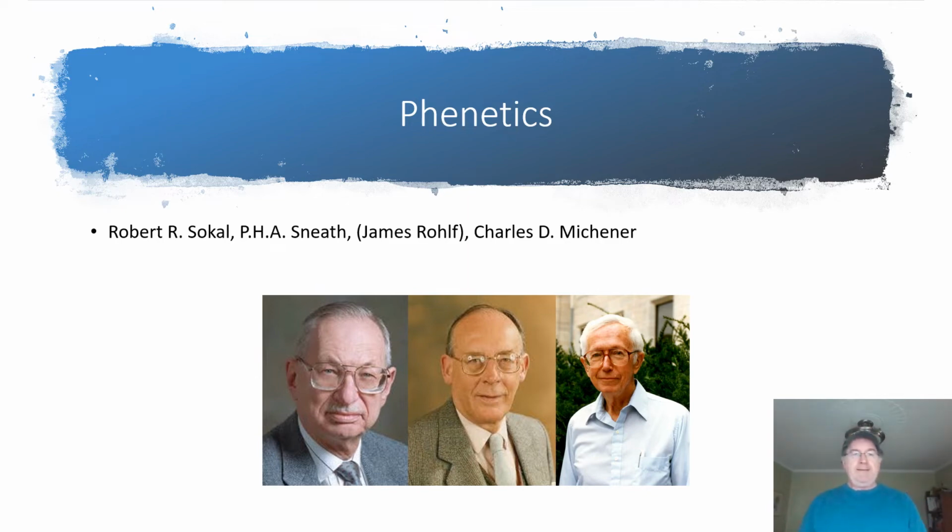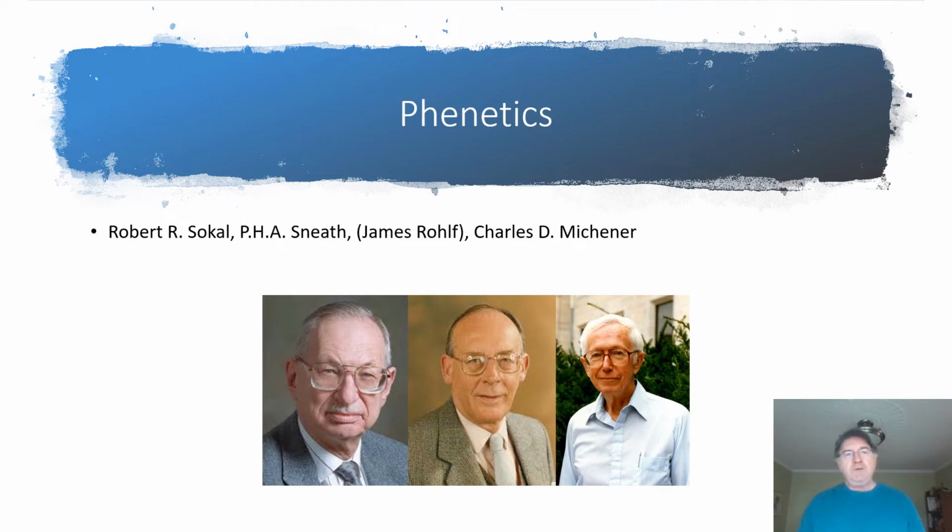So the third guy I've got there actually, I think, went a long way to giving Sokal and Sneath the credibility within the wider biological community for what they were proposing as a revolutionary approach to classification.